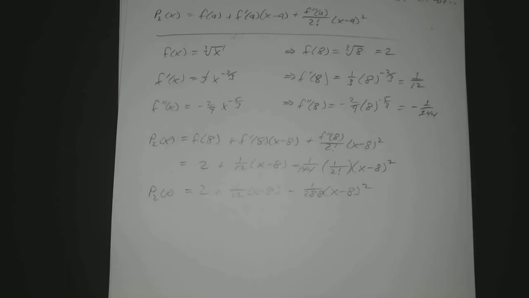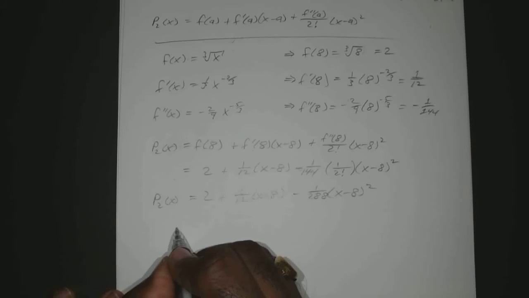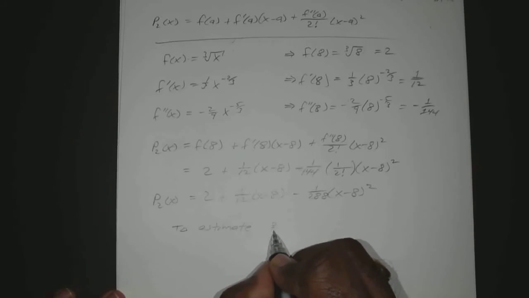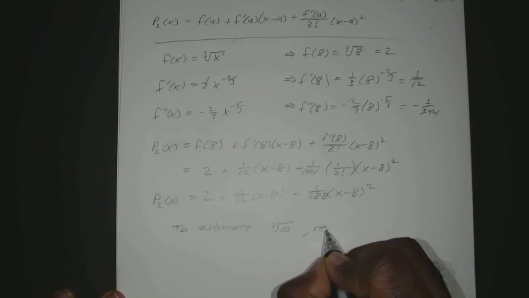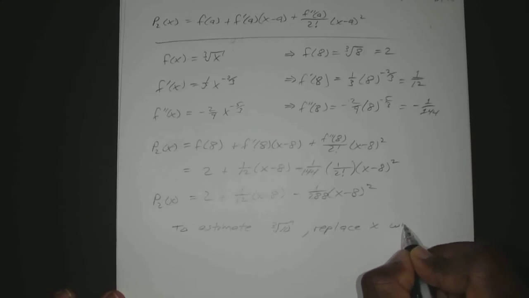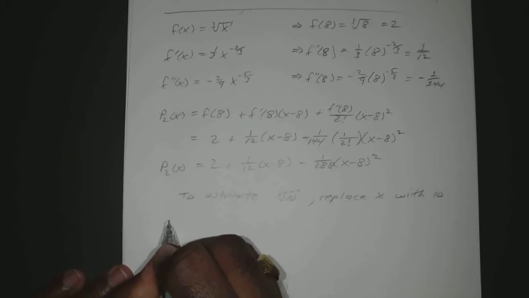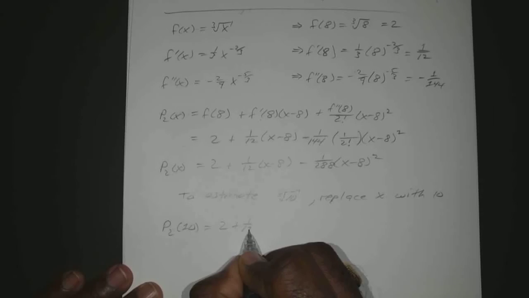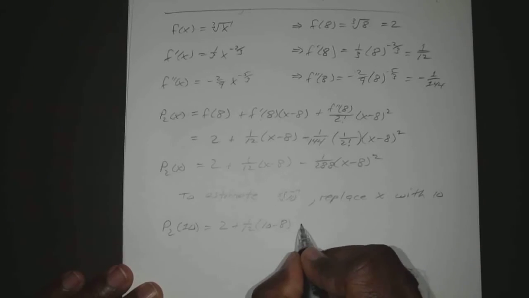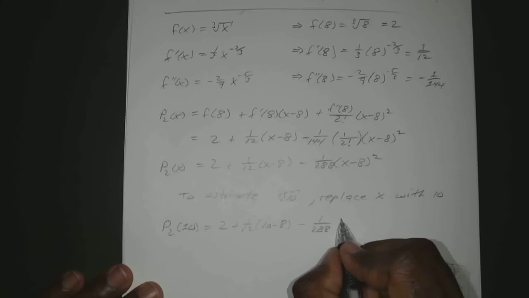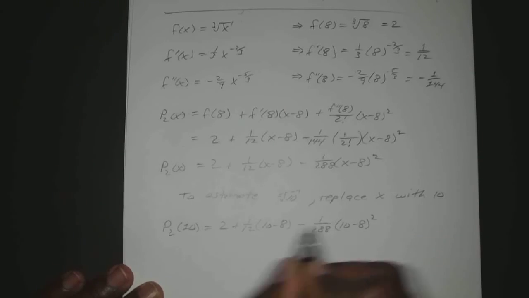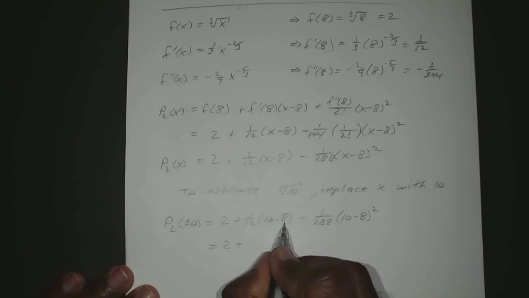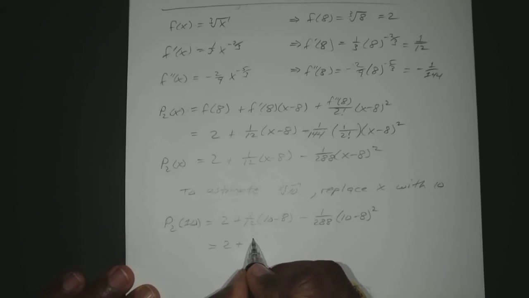Now to estimate it, we just replace our x with 10. To estimate cube root of 10, replace x with 10. So our p sub 2 of 10 is equal to 2 plus 1 over 12 times 10 minus 8 minus 1 over 288 times 10 minus 8 squared, which is equal to 2 plus, that becomes 10 minus 8 is 2, so that's 1 over 6.